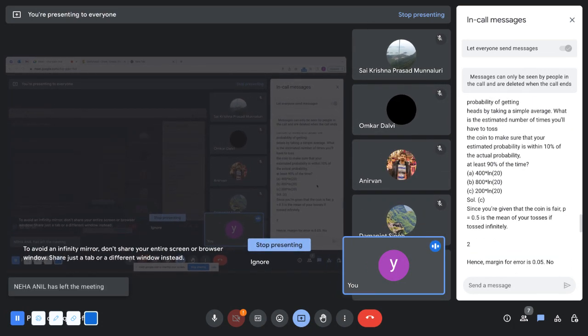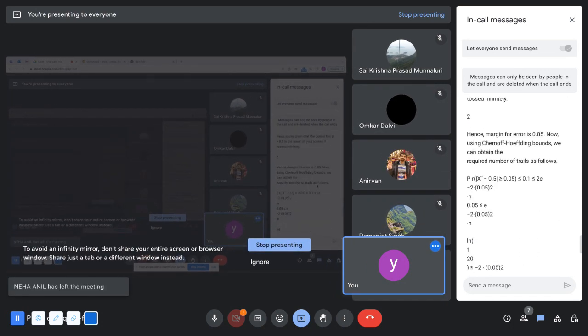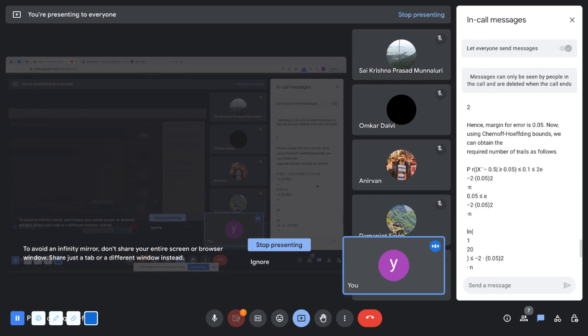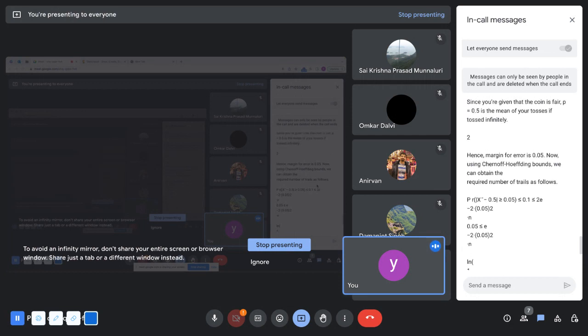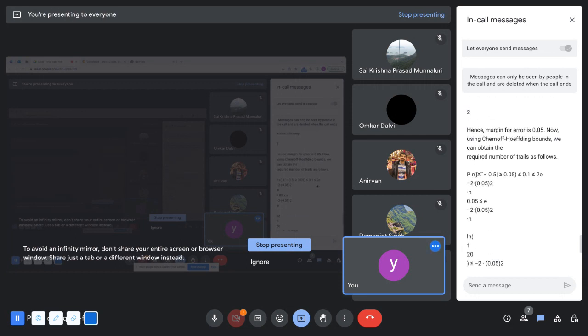I think you are clear about that. And your X is nothing but the average, say if you're estimating heads, number of heads by total number of tosses. That is your X. And what you wanted is this, greater than 0.05. This is what you wanted.